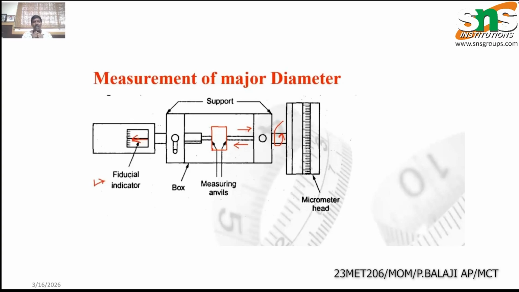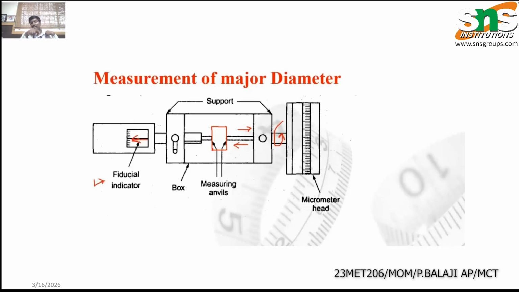We have a visual indicator, one support, and on the right side one micrometer head. After giving full support and full pressure, the two anvils support our thread, and the visual indicator gives a constant pressure. Then we have to measure the value.